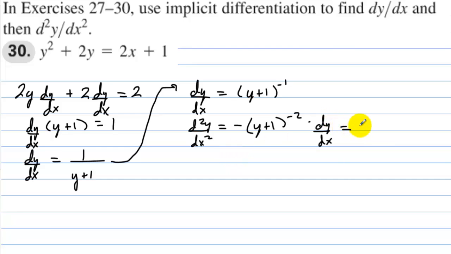Well, we know what dy/dx is, so we have negative 1 over (y plus 1) squared. We'll take that negative power, send it to the denominator, make it positive, and that's going to be times the first derivative, which is 1 over y plus 1. So our second derivative is equal to negative 1 over (y plus 1) to the third power.